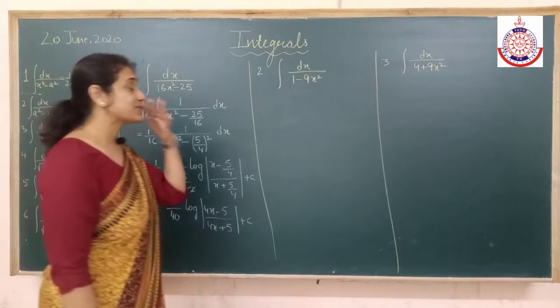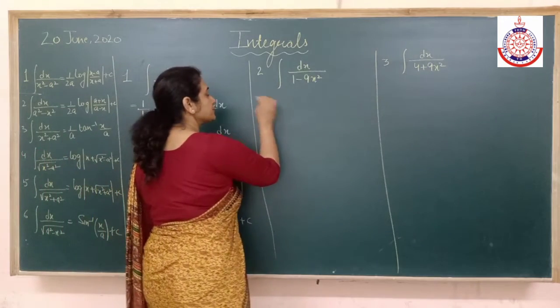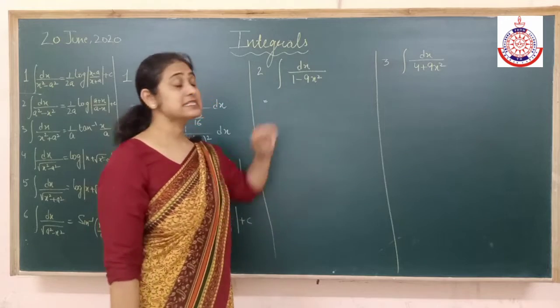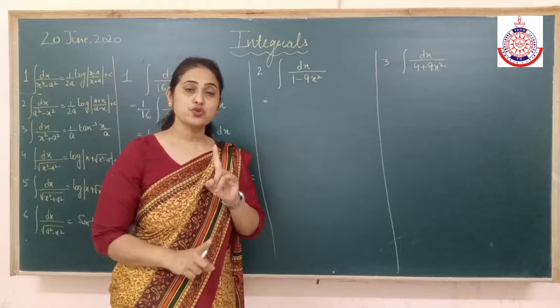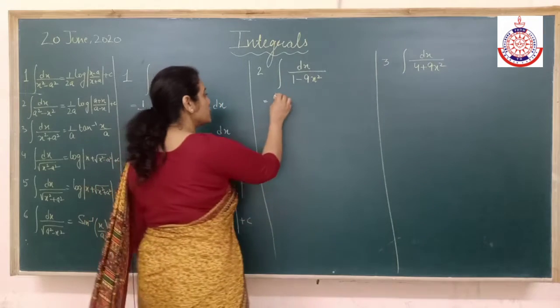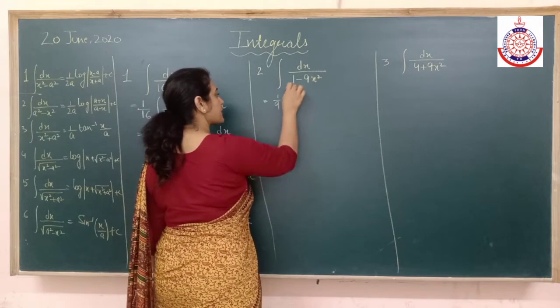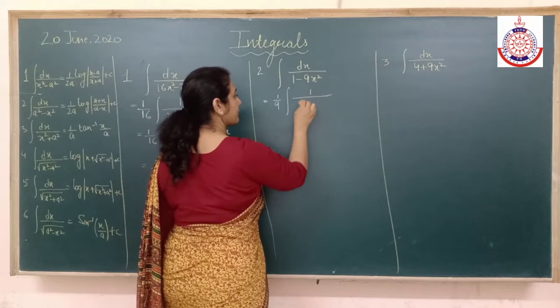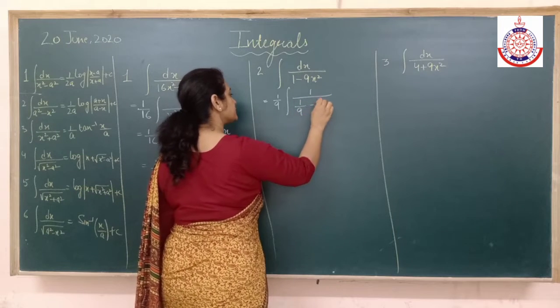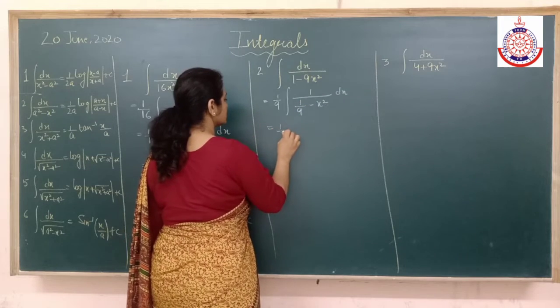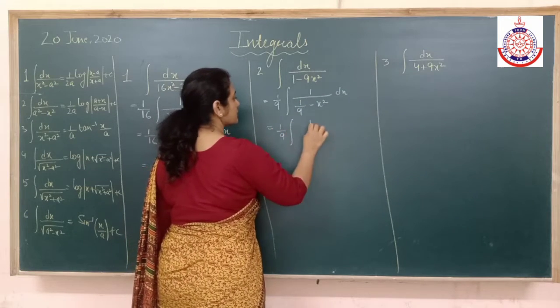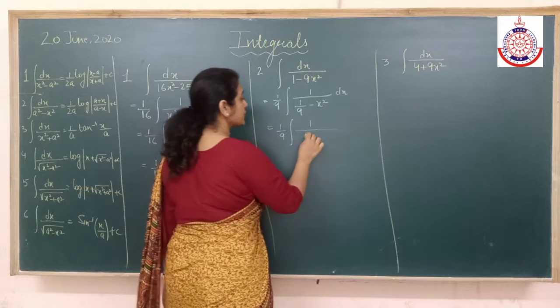Now similarly the next one, I have 1 minus 9x square. So remember the first step, the coefficient of x square should be 1. So I am taking this 9 out. Which formula shall I correlate it with?